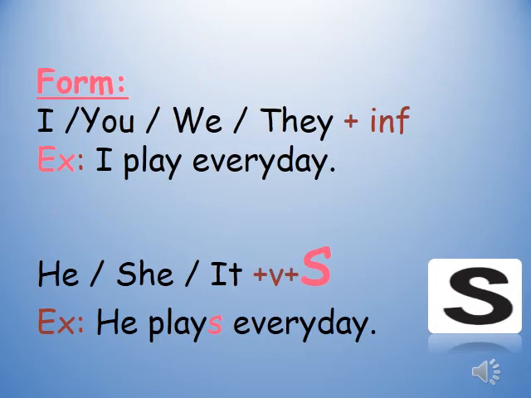Okay? Now, let's talk about the form. The form means, how can I write sentences using the present simple? The first form with I, you, we, they. I use it plus infinitive. And the infinitive means the verb as it is, without anything extra.